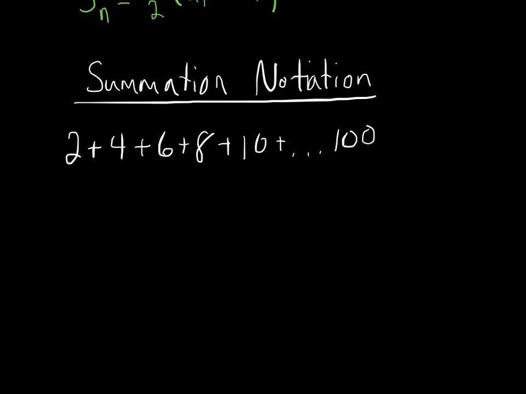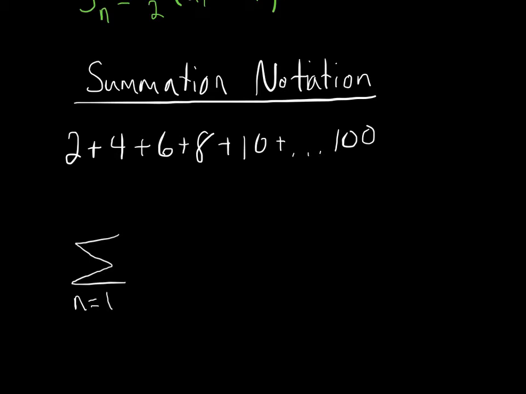Now we use the Greek letter capital sigma, which is a big E. We also have limits. So we start with the lower limit and upper limit, and that is your n, so your terms. Normally, whenever you can write your own, it's easiest to start with n equals 1.